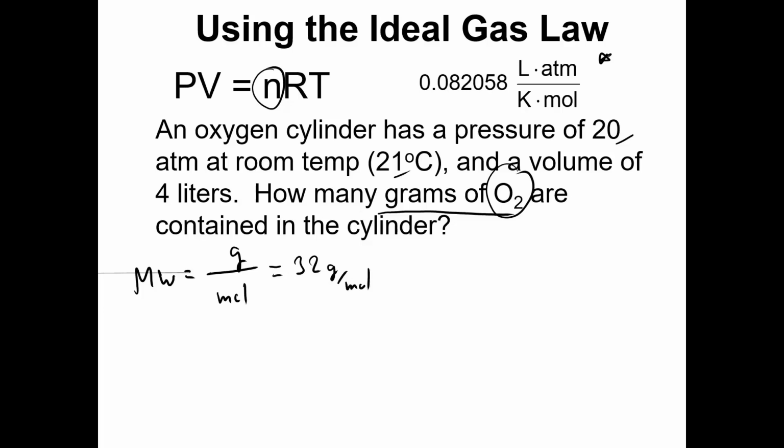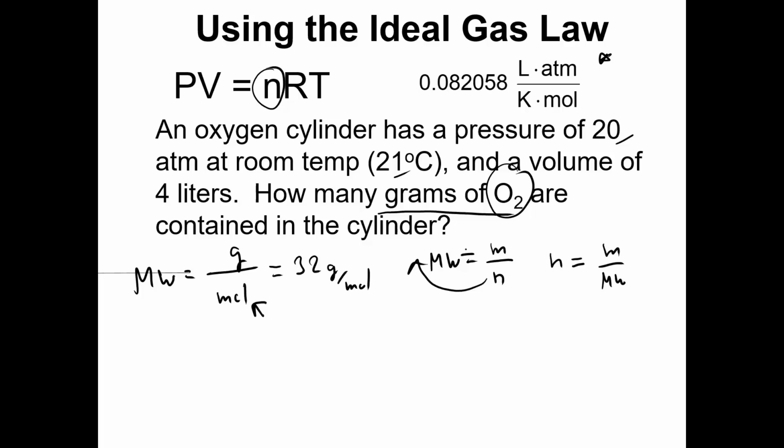And so what we can do is then we can take this formula, because this is really N, right? So what we have is molecular weight equals mass, let's just call that little m, divided by N, which is the number of moles, right? And so we can solve for N. So N is going to be equal to m divided by molecular weight, right?